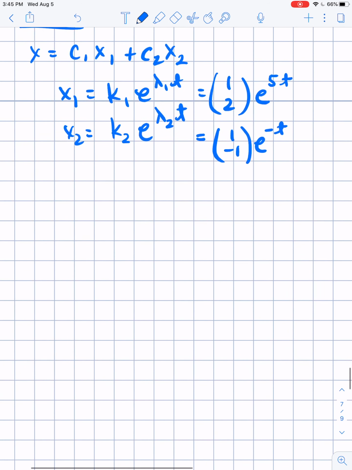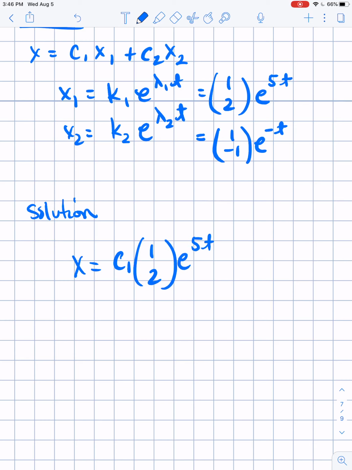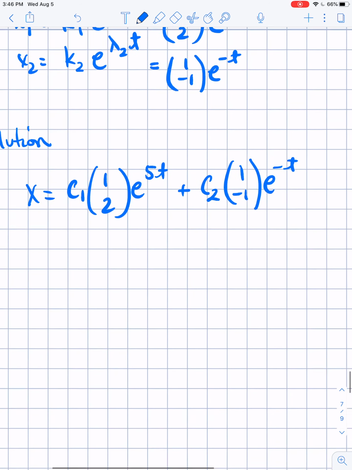All right, so now our solution will be C1, 1, 2, e to the 5t, plus C2, 1, negative 1, e to the negative t. All right, and that's what you have there.